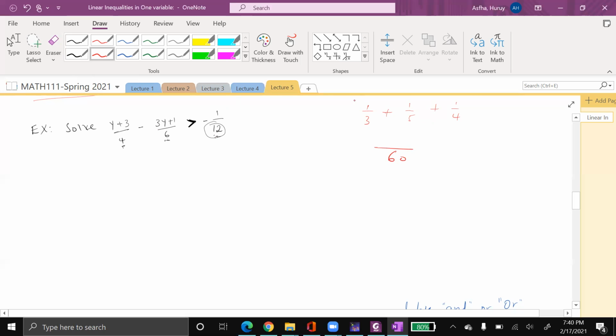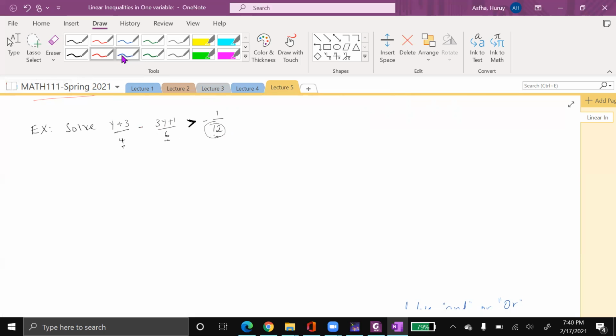I will multiply both sides by this 60, and that makes my life easier. Then you just simplify this one, and of course you have something on the other side. So this is just a trick that you can use. If you can't find the LCD and you feel it's difficult, you just multiply those three and multiply both sides by that product.